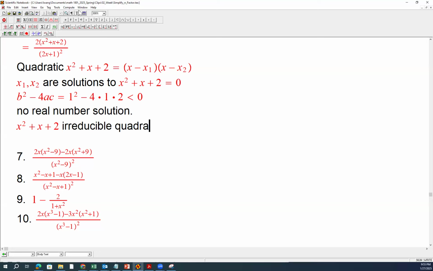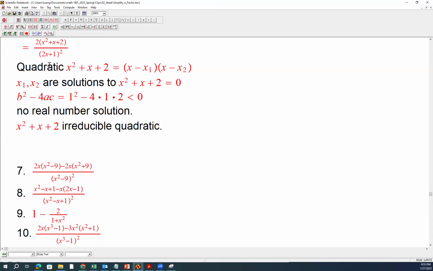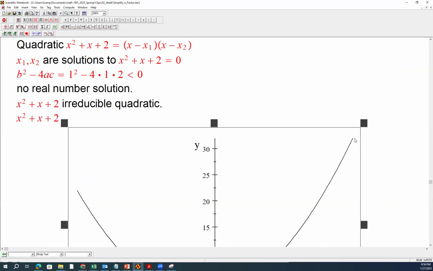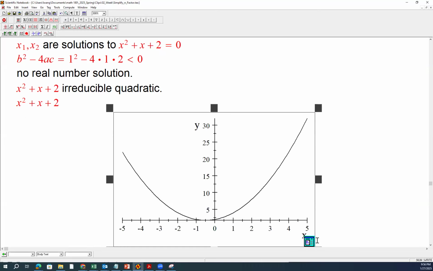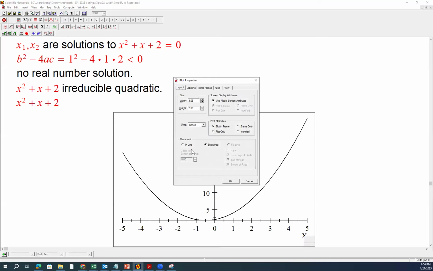What it means is that this piece is always positive. You can see this by plotting this quadratic. This is always positive. It will never be 0.